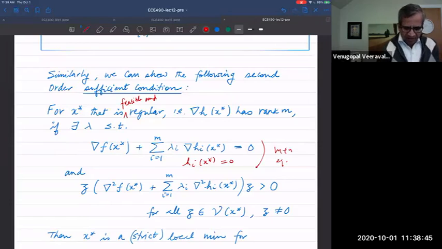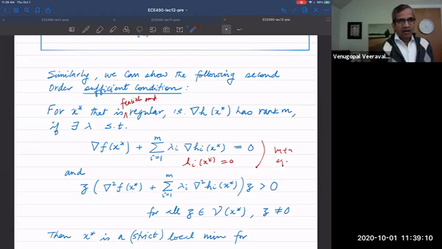I should emphasize that point again. These equations can be nonlinear in x star, but they are linear in lambda. So once you find a solution for x star, the corresponding lambda will be unique, because this is a set of linear equations. So you may have multiple solutions for x star, and for each of those you will have a unique lambda.